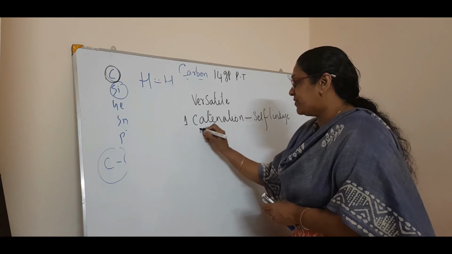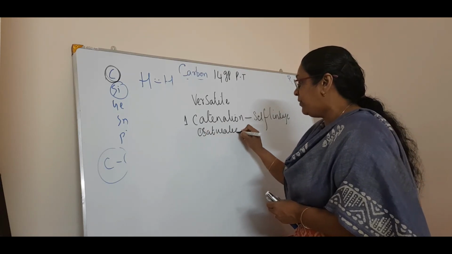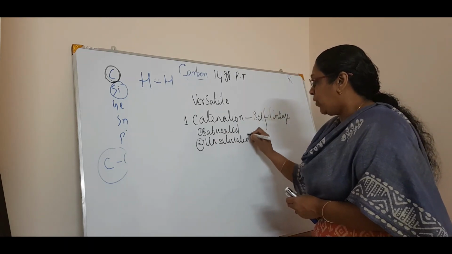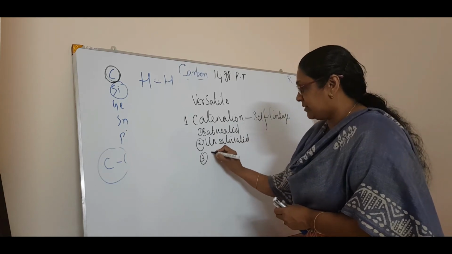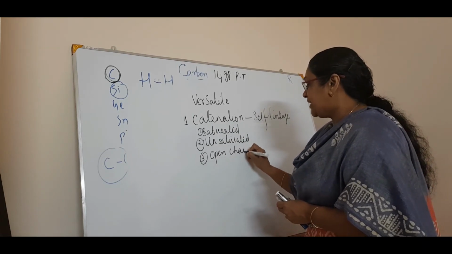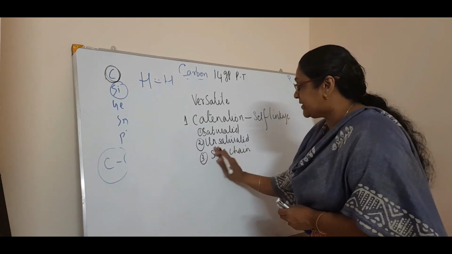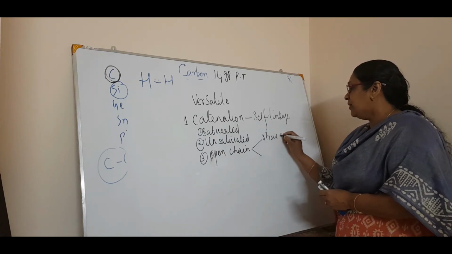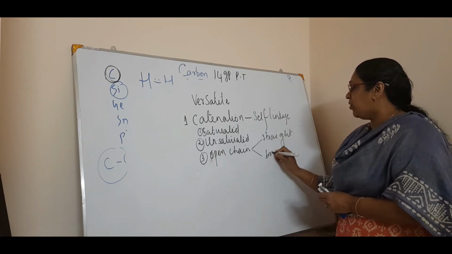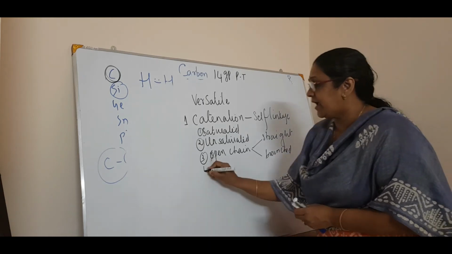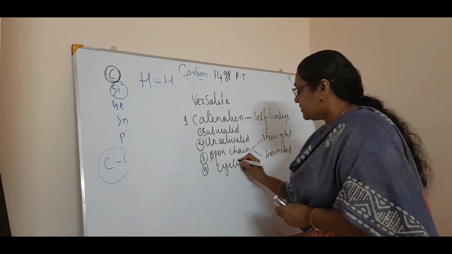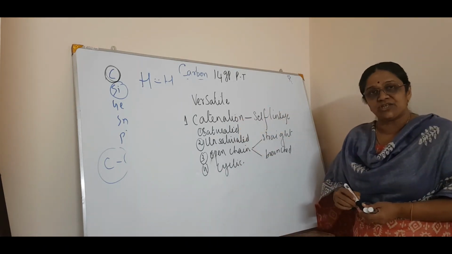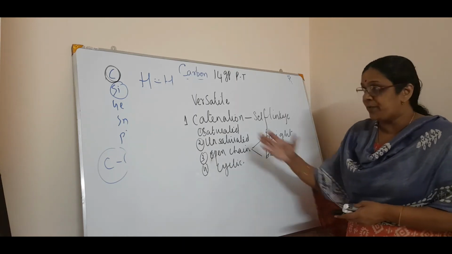Saturated compound, then unsaturated compound, then open chain compound, which has 2 classifications, straight chain compound and branch chain compound, isn't it? And again, cyclic compound. Cyclic compound means closed. So all these four categories will come under the catenation point. See? So this is how you have to prepare your notes.